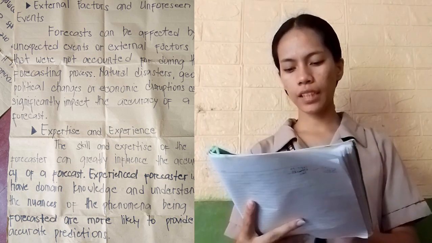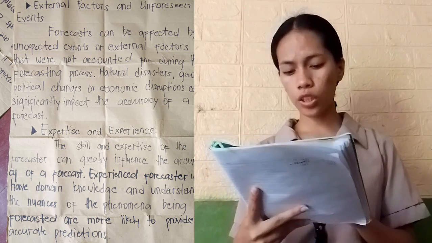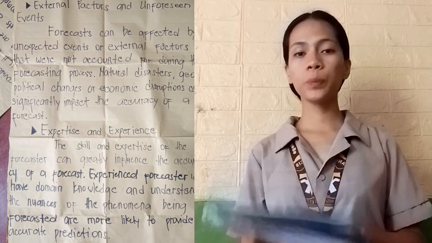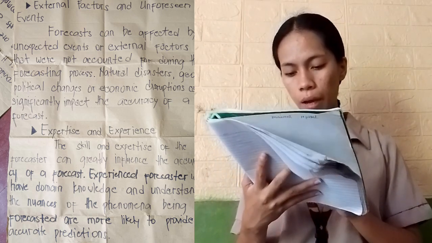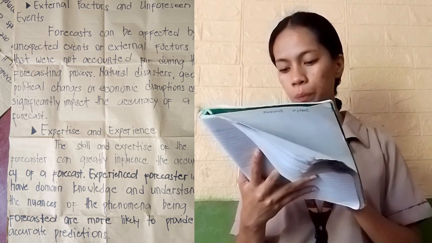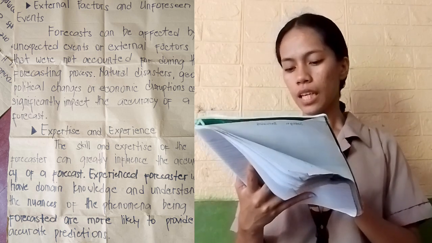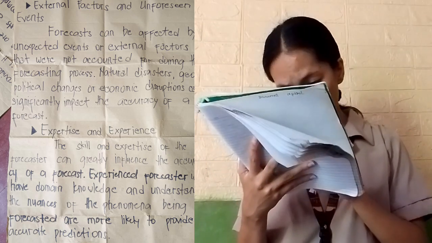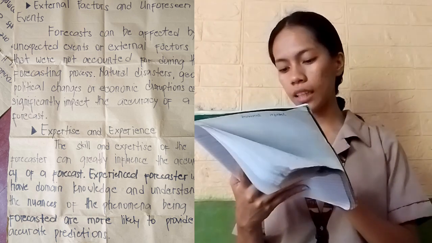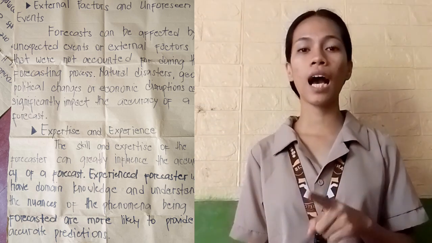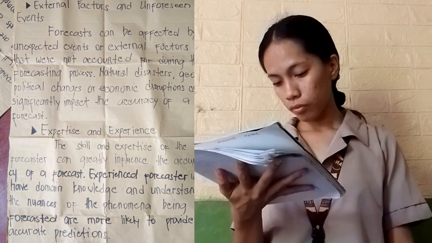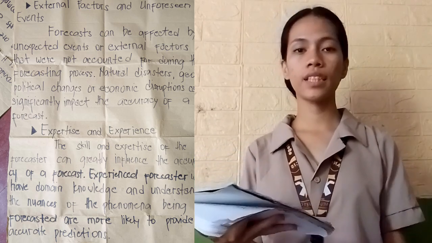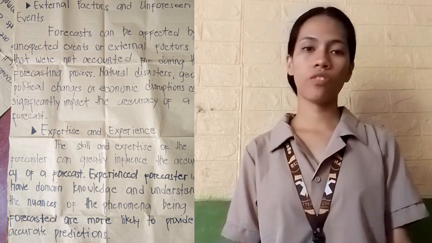Experienced forecasters who have domain knowledge and understand the nuances of the phenomena being forecasted are more likely to provide accurate predictions. Expertise is built on experience but requires deliberate practice and study, and the ability to apply knowledge effectively in complex situations, while experience refers to the knowledge and skill acquired through involvement in an activity over time.